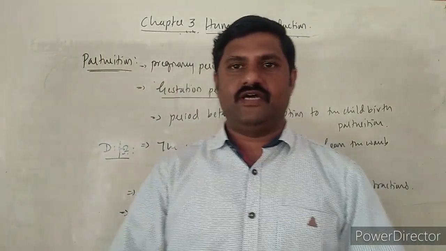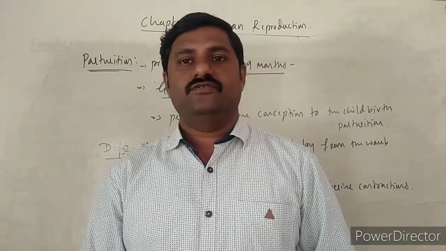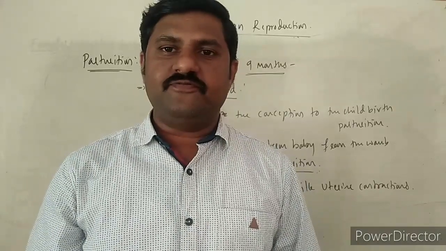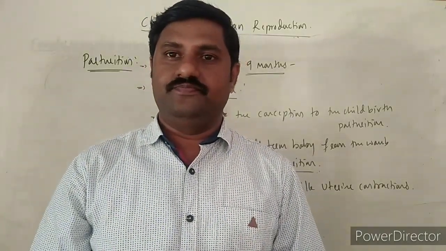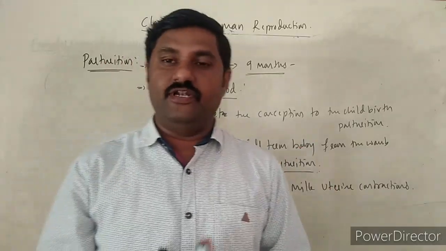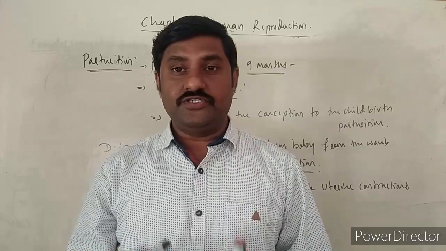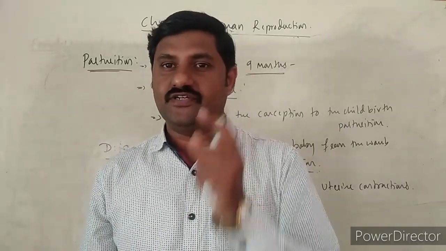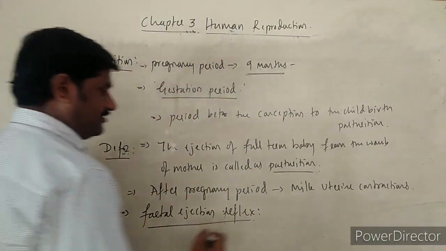So after the pregnancy period, the signals for the childbirth or the parturition originate from the full-term, fully developed baby as well as the placenta, which induce the mild uterine contractions called the fetal ejection reflex. This is a more important definition. Let us write the definition.